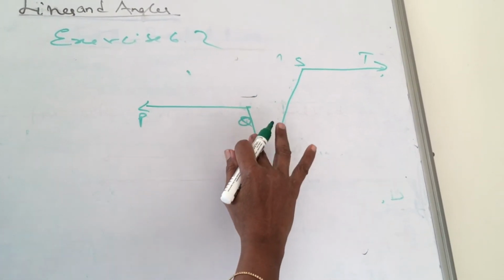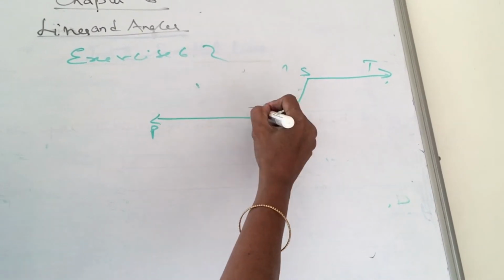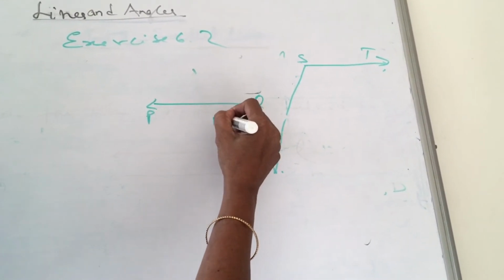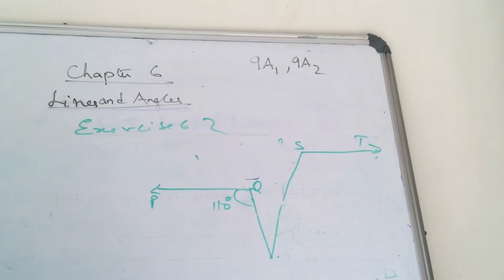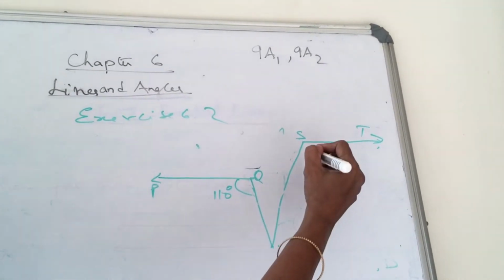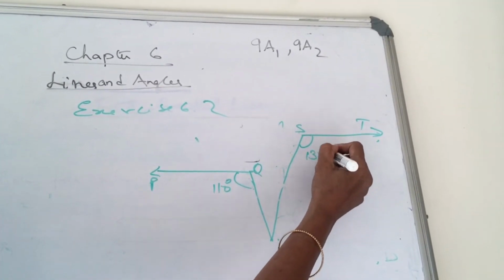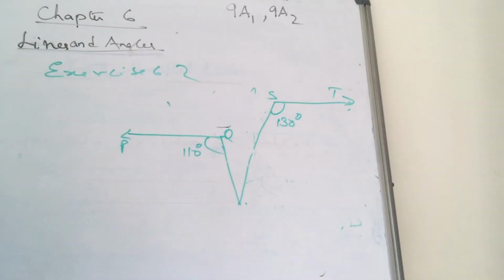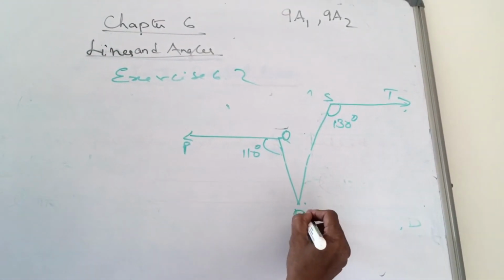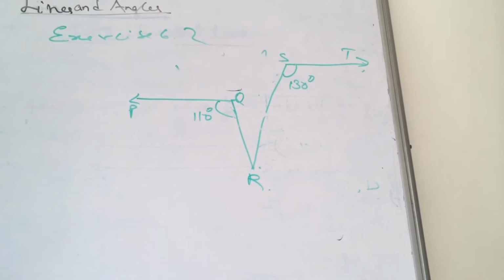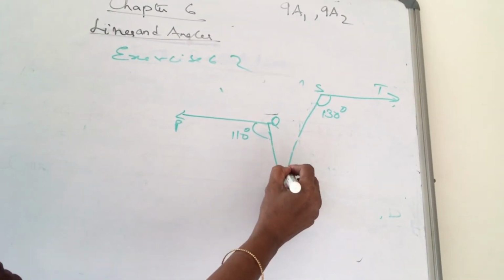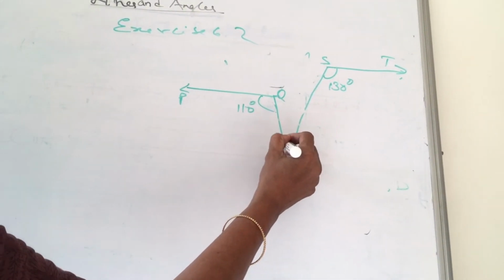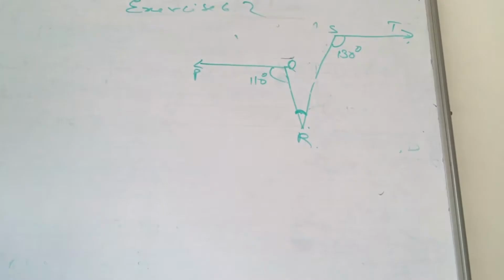Angle PQR is equal to 110 degrees. Angle RST is 130 degrees. Find angle QRS. This is the angle you are going to find.